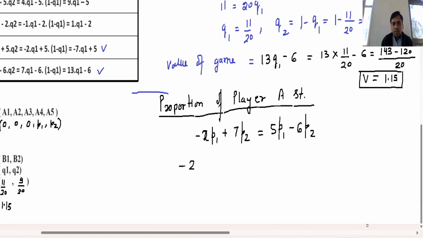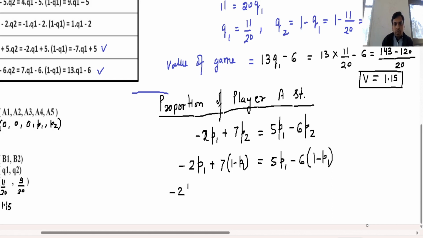So we can write this as -2 P1 plus 7 into 1 minus P1, equals 5 P1 minus 6 into 1 minus P1. Now we can find the value of P1.